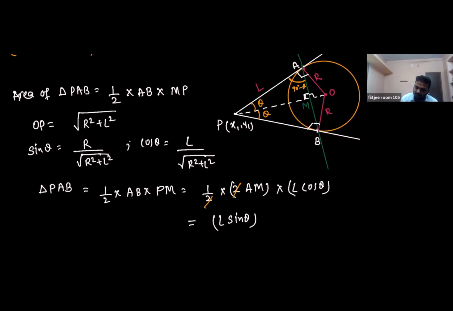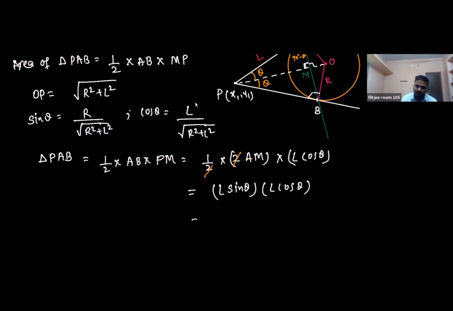I am just using geometry. Why are we writing this result? Because we should remember this result. Whenever the question comes, obviously there is no need to prove this. We'll simply remember this result and get the answer. That is the main reason here.